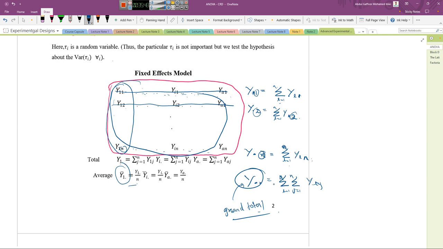Similarly, we can find out this one also. Here this is yi dot bar is equal to yi dot divided by n, and likewise ya dot bar is equal to ya dot divided by n, which means we have to add all these and divide by n. Here also we have to add all these and divide by n.